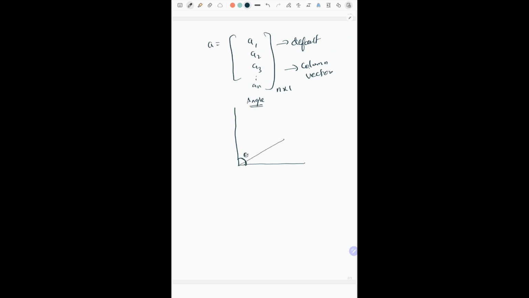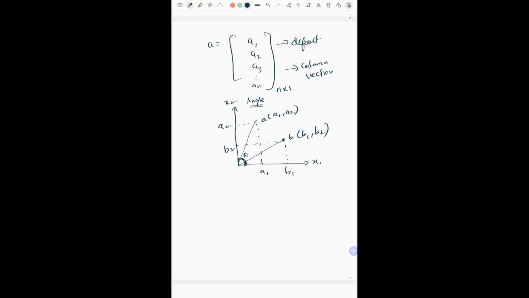Assume I have two points, A1, A2, on the axes x1, x2, and B1, B2. I need to calculate this angle between these two points, two vectors.